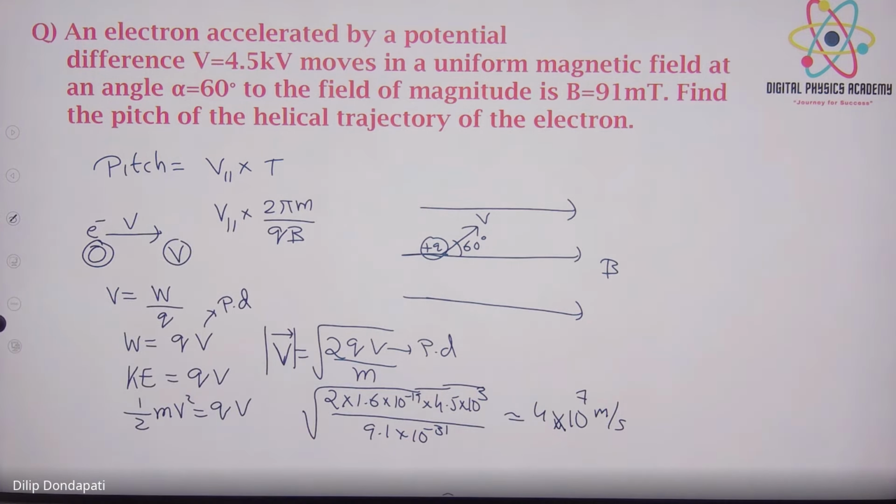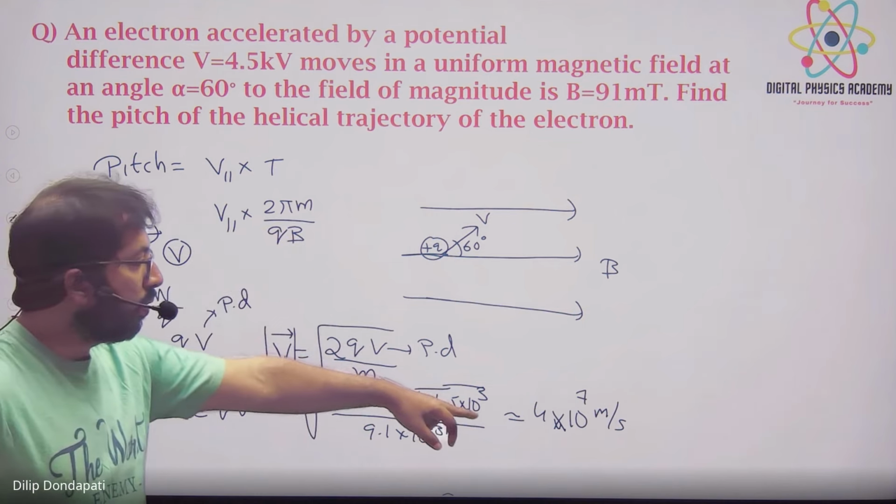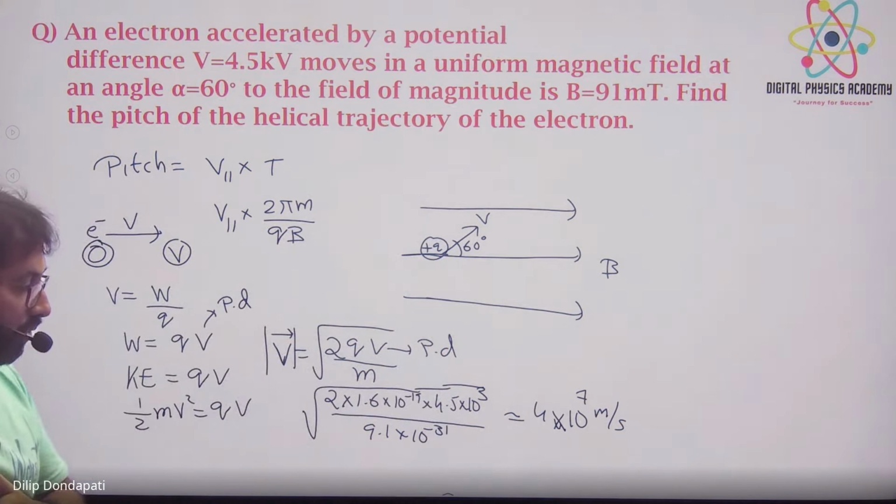Now substitute: 4 into 10 power of 7 into 2 pi m by qB. You can leave it in terms of pi for the pitch. And we know v parallel, we got the velocity. Now which component do we use for v parallel? The v cos theta.